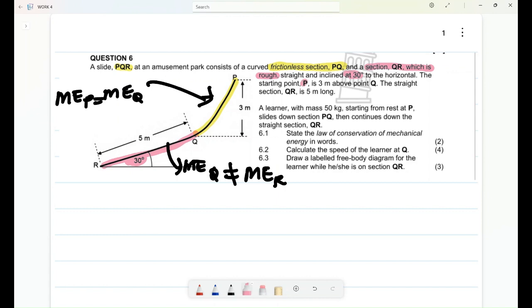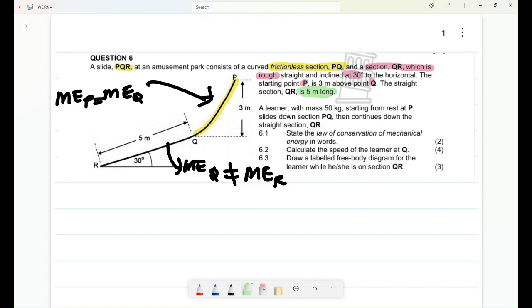The starting point P, all right, here is the starting point, is 3 meters above point Q. Above point Q, not above point R. All right, above point Q, the straight section QR is 5 meters long. All right, here QR, this distance here, straight section QR, it is 5 meters. Good. Now let's see.